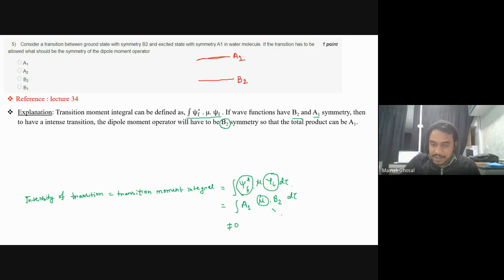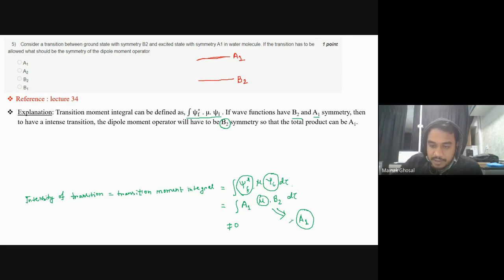Because I have said earlier that to have an intense transition, you need your total transition moment integral to be of A1 symmetry, because A1 is the totally symmetric representation. Under this condition, the transition moment integral will be non-zero for any molecule. So if the multiplication of all the symmetry elements gives you A1, then your transition moment integral is not zero, and the transition is very much intense.